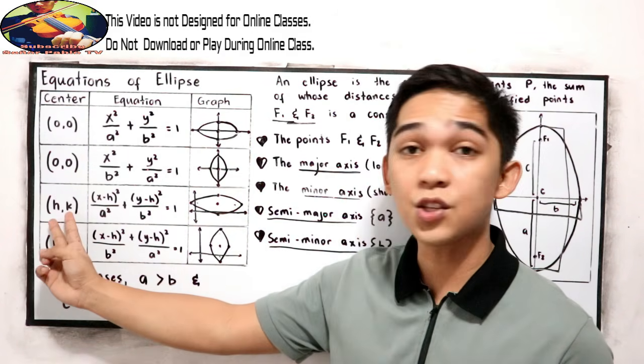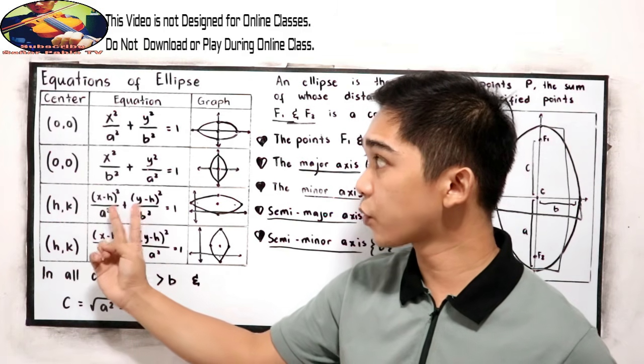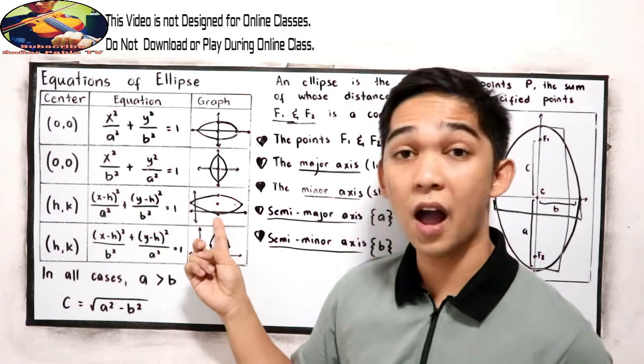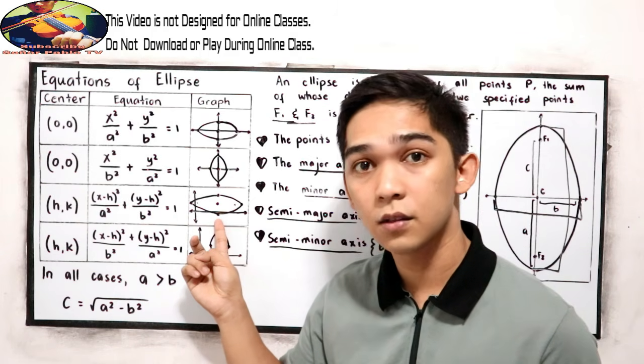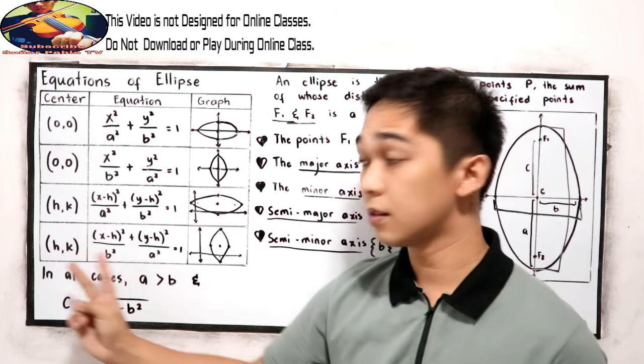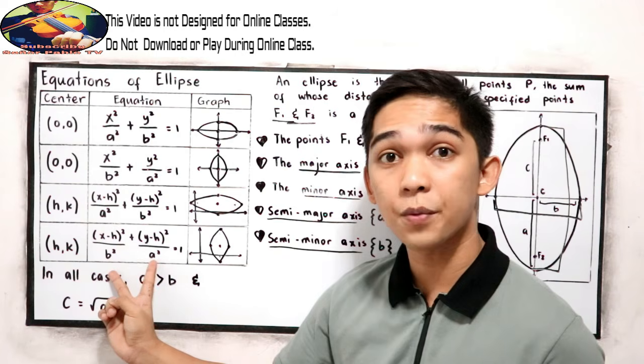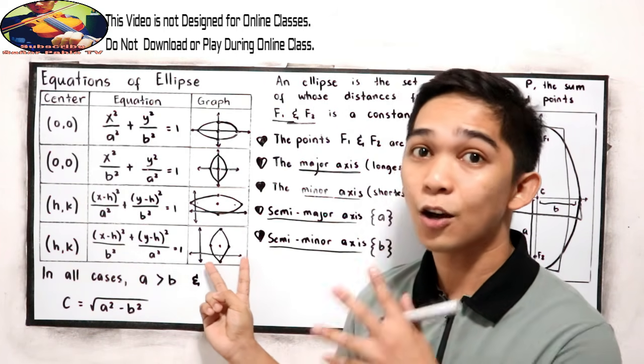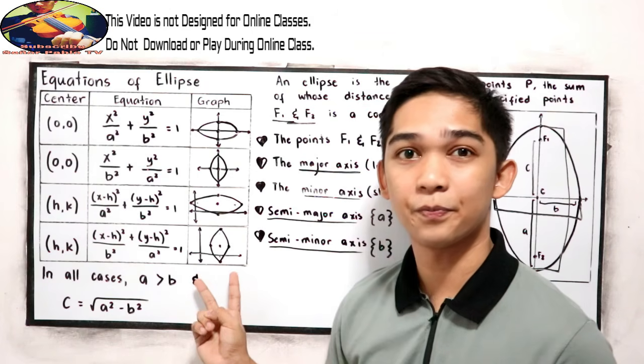And if we have the HK form, of course we have this equation, then this is the graph that you are going to expect. And for HK, this is the equation form, then this is the graph, or must be the outcome of your graph.